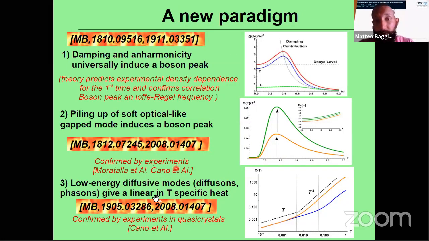What you find out is that this gives a linear in T specific heat. And the funny thing is that this is confirmed by experiment in quasicrystals. I will explain tomorrow what a quasicrystal is and what a phason is. Basically, the phason is a diffusive mode which appears in these systems. And not surprisingly, in these systems there is experimental proof that the specific heat is linear. Our claim is that this is linear exactly because this is diffusive.